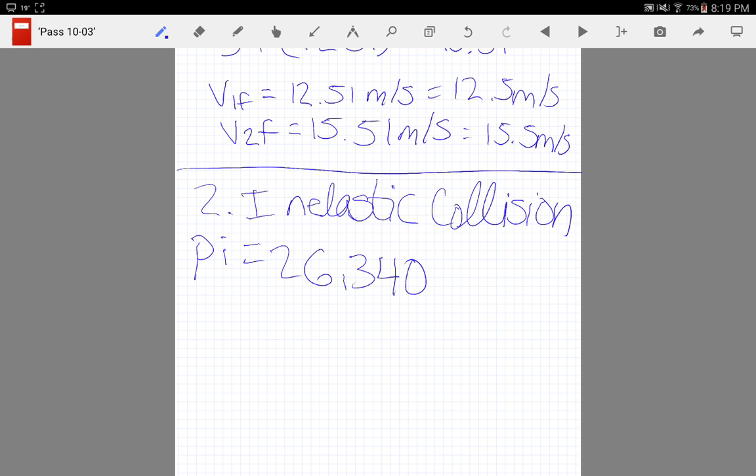And P final is the combination of mass 1 and mass 2 summed together times the velocity. P2 equals mass 1 plus mass 2 times V. You could denote this as V1 and 2 or V total, however you want. I'll just put 1 and 2.